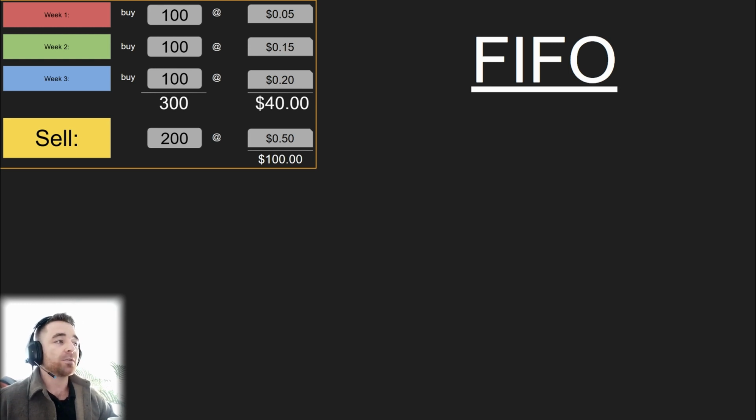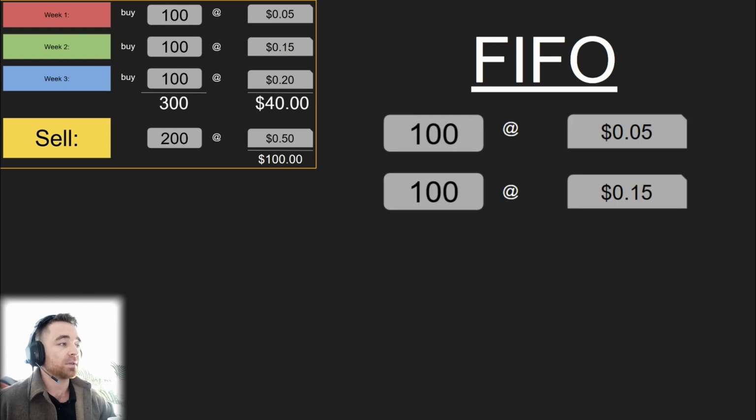Let's say we're using the first in, first out method. That means we are going to assume that the first ball pit balls that we purchased were also the first ones that we sold. And remember, we sold 200, right? Right here, 200. So think about the first 200 balls that we sold, according to first in, first out.